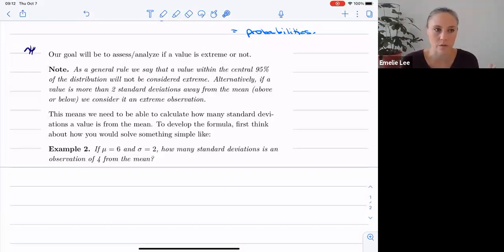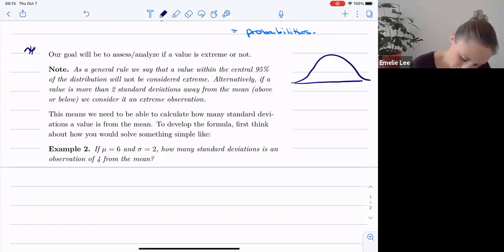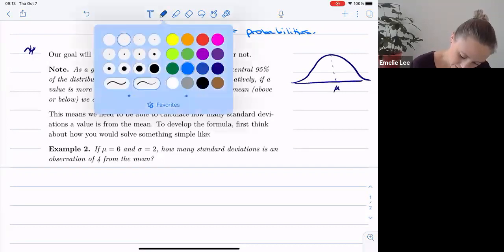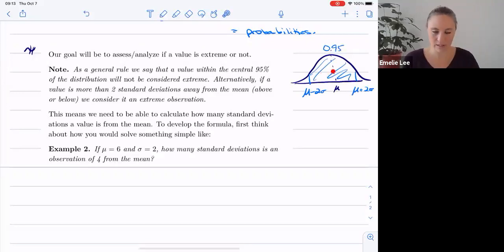We're not concerned about those. Anything beyond that 95%, and if we go back to our empirical rule here, from mu, if I go to mu minus 2 sigma and mu plus 2 sigma, that's when I have 0.95 here, right?